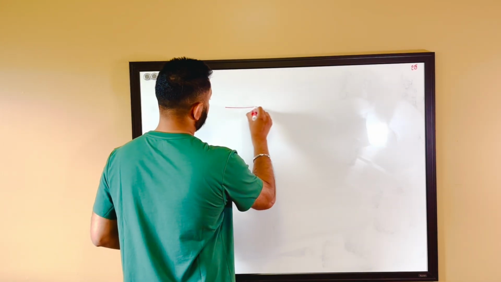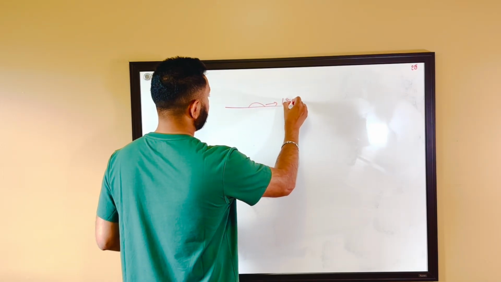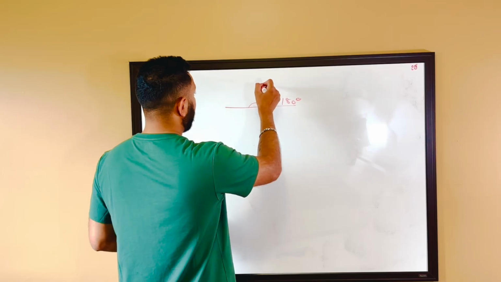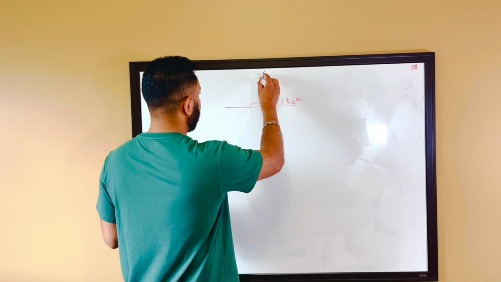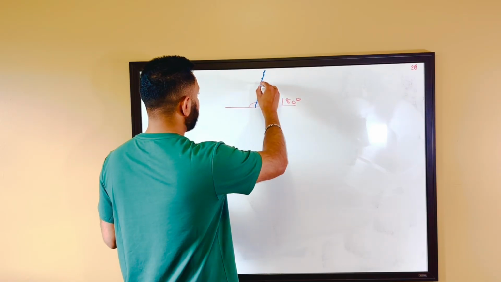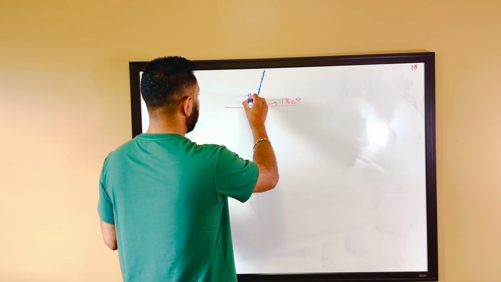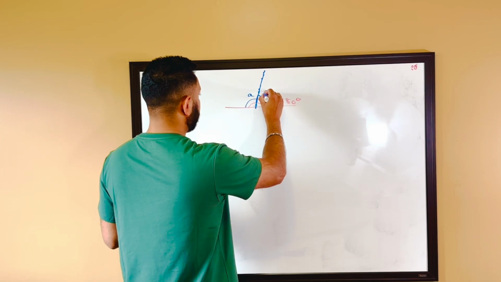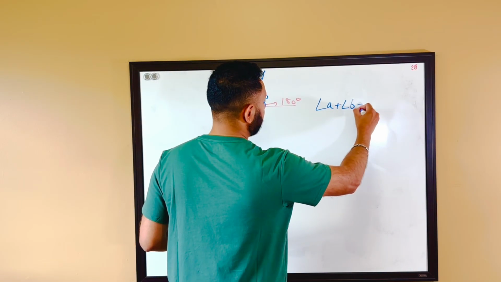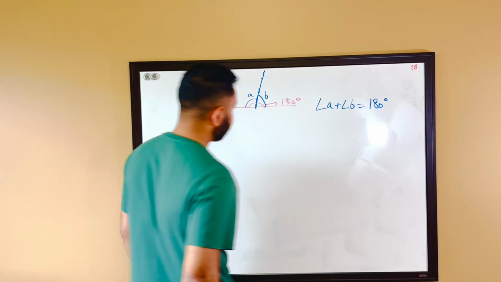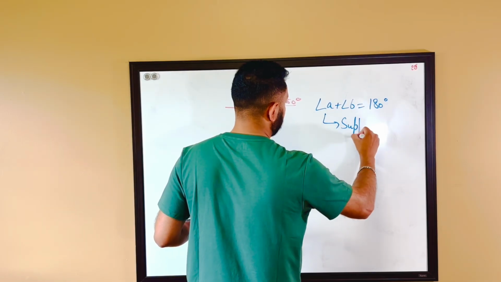For example, if we draw a line like this and let's say this angle is A and this is B, but the whole angle is 180 degrees, that means angle A plus angle B is 180 degrees, and this is a supplementary angle.